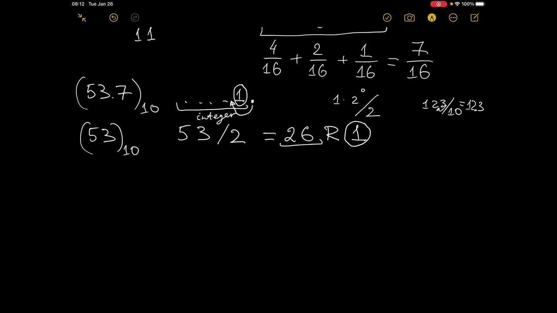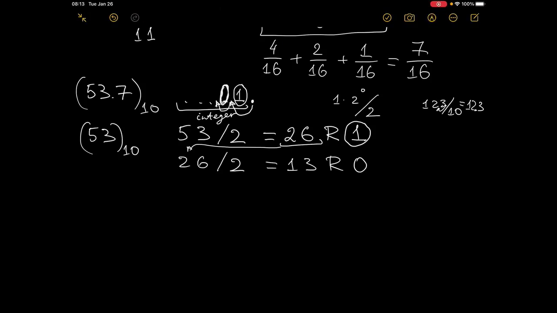Okay, so then we take 26 divided by 2. So we move the radix further when we divide by 2, right? We are getting 13 and the remainder is 0. It means that here we had 0.